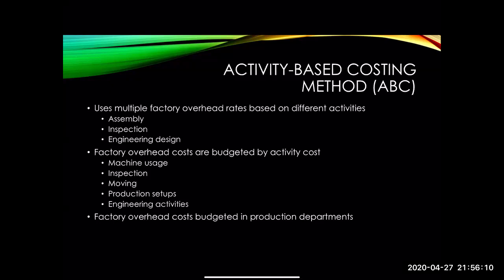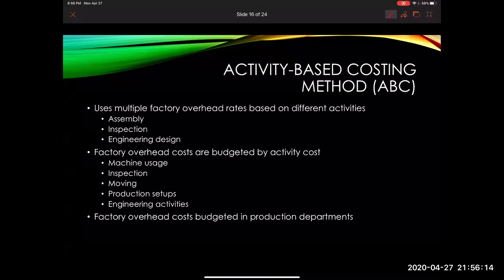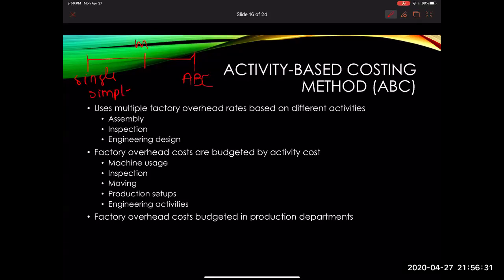What we have also done is look at the spectrum of product costing. On this spectrum, I would say the single plant-wide rate method is here, then you have the multiple here, and then here is where you have ABC. The spectrum goes from simple to more detailed.